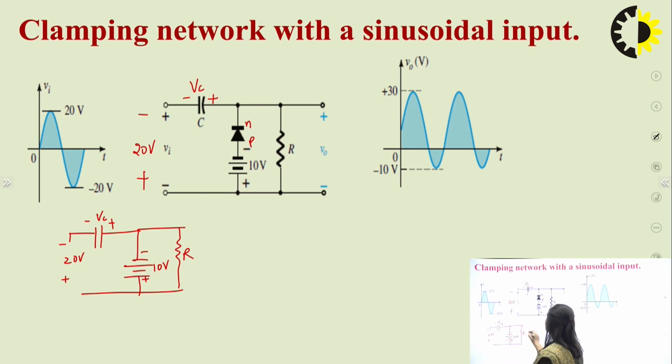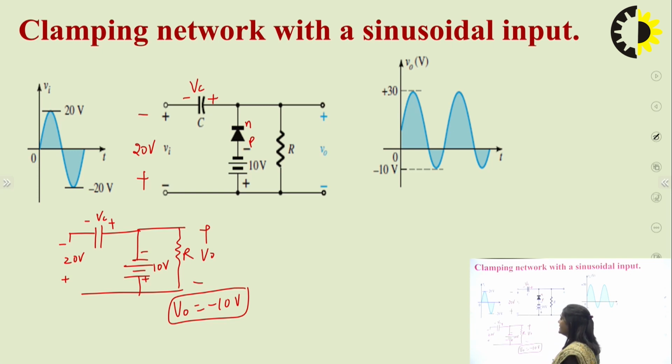Now here we can see the output voltage would be equal to minus 10 volt, because it is in parallel with this minus 10 volt. And now we can find the value of VC by minus 20 plus VC minus V naught is equal to 0.